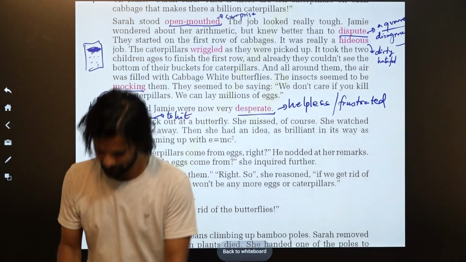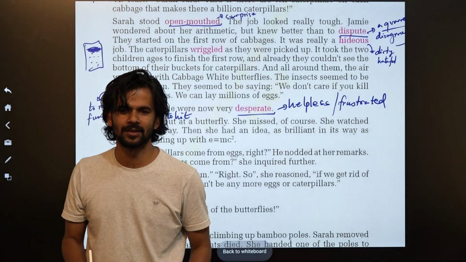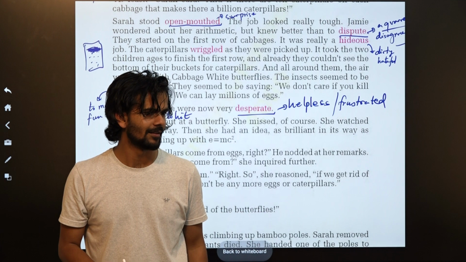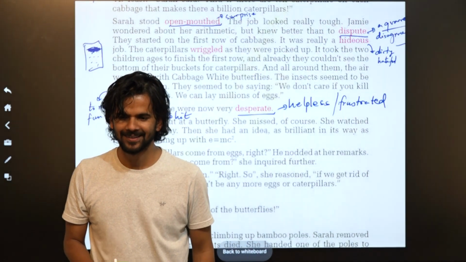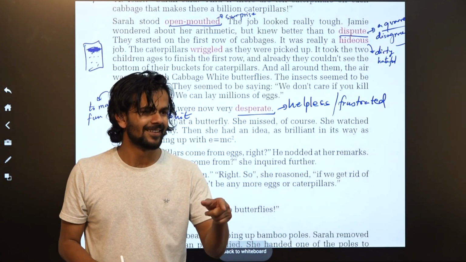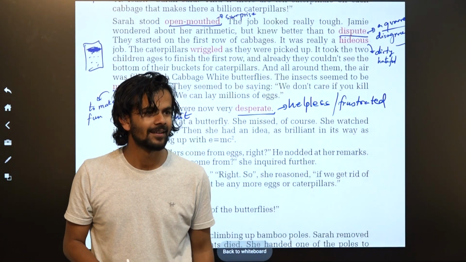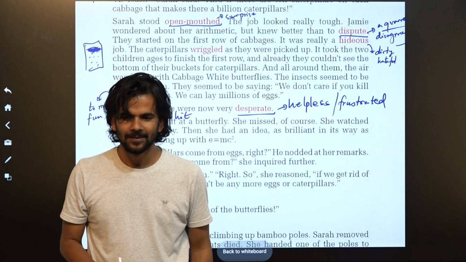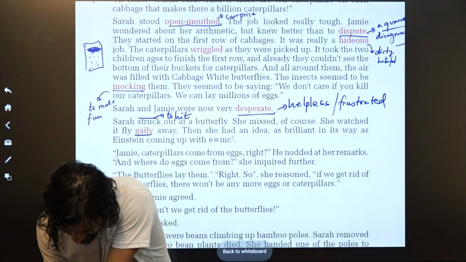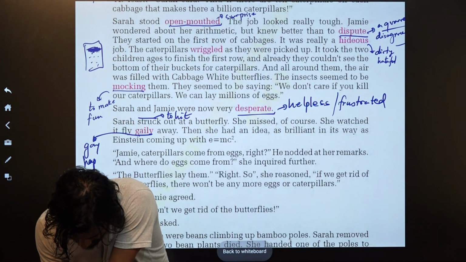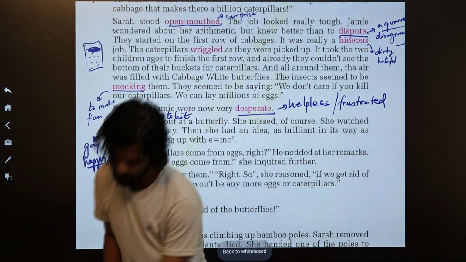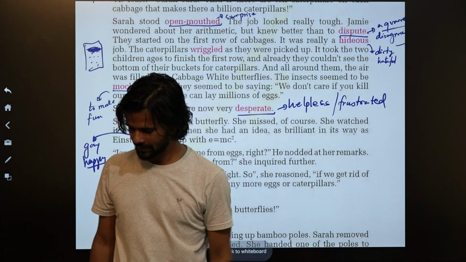Hey, you poor girl, what are you doing? No, I'm not saying that to Pushpa. I'm saying that to the girl, to Sweta. Gaily, with joy, gay, happy. Gay means happy also. Happily, it flew away.